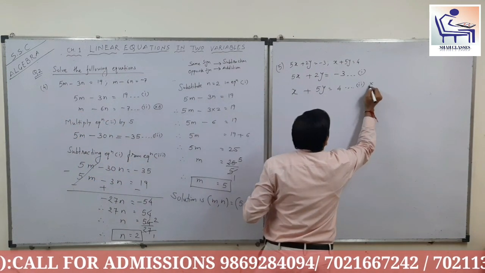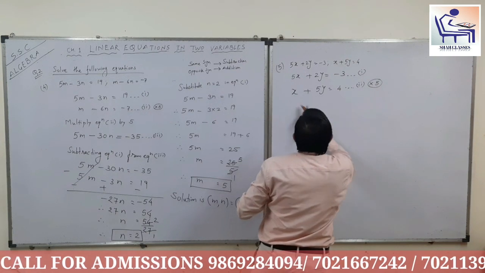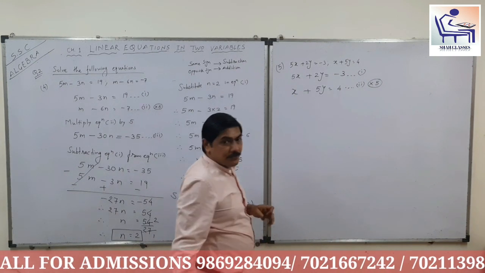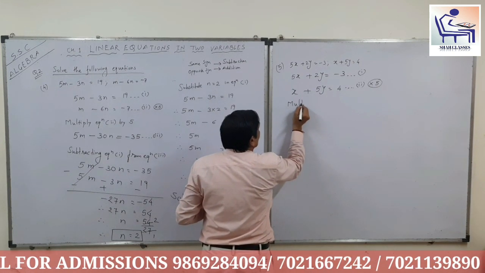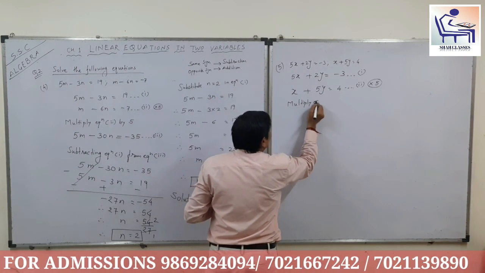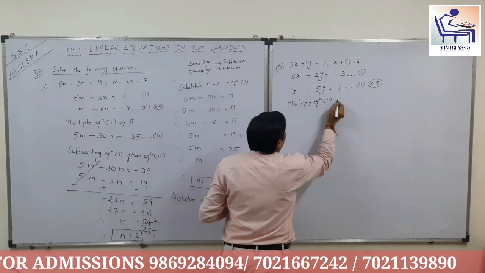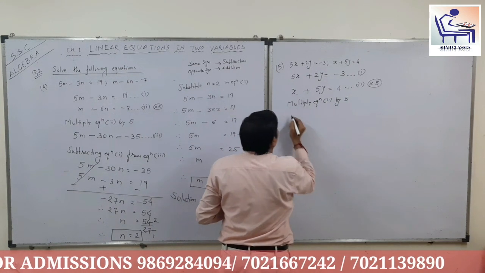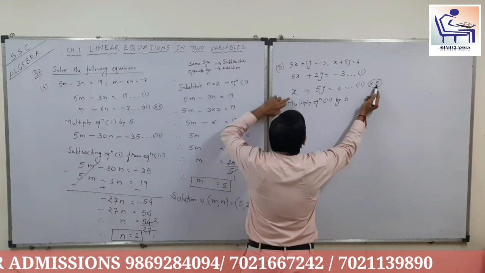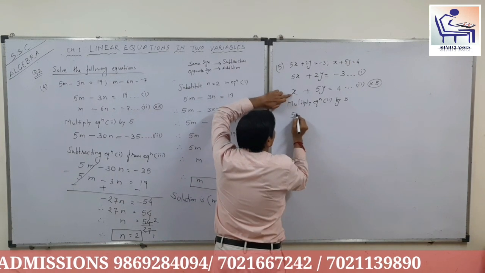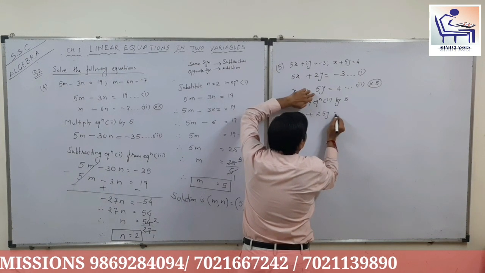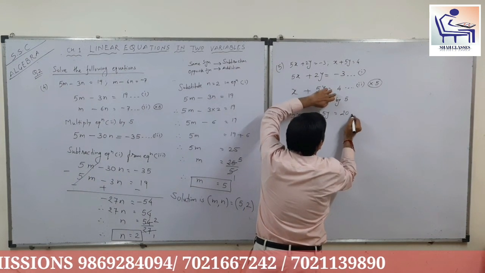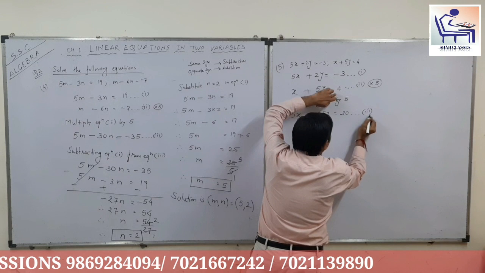We will multiply this equation by 5 as we want to equalize the coefficients. So we will multiply equation 2 by 5. Please multiply this: 5 into x is 5x, 5 fives are 25y, 5 fours are 20. That is your equation number 3.